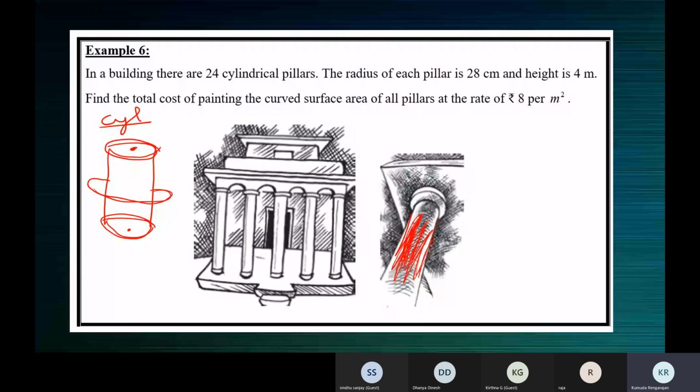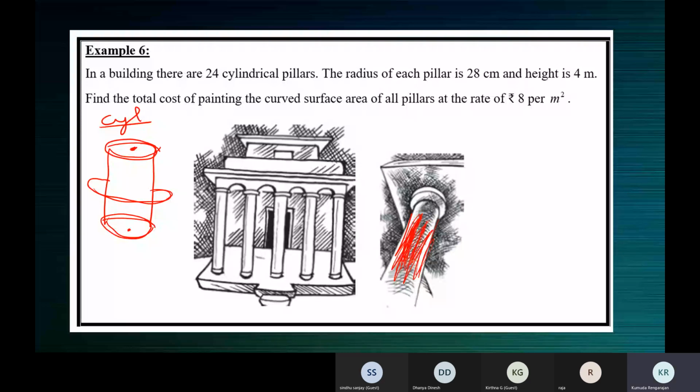So the curved surface area is the area of the cylinder, not including the top area and the bottom area. That is not including the area of the circles. If you don't find the area of the two circles, the remaining area is the curved surface area.